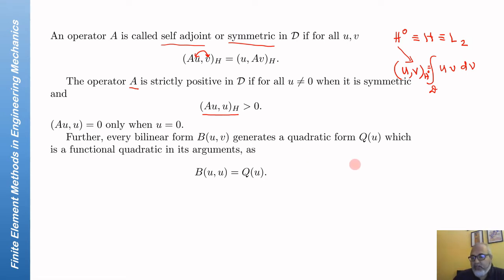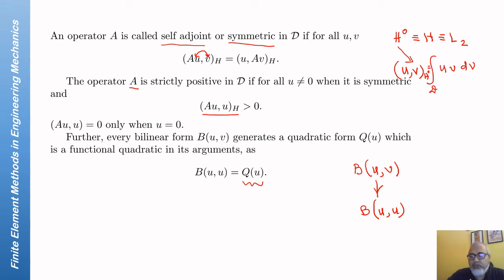Finally, we have learnt about the bilinear form B(U,V), and from the bilinear form we can generate a quadratic form B(U,U), which is called a quadratic form, and we call it Q(U). So this is similar to generating a norm from the inner product definition.